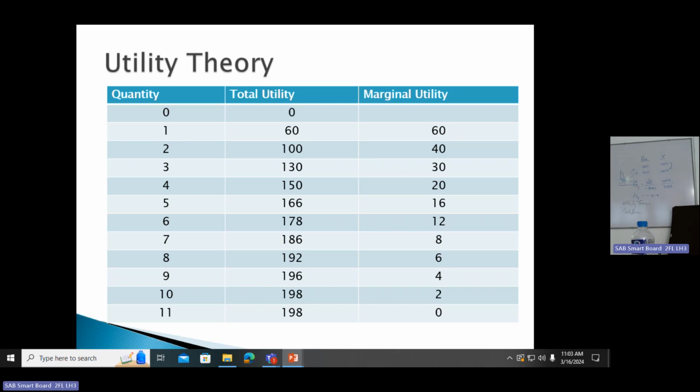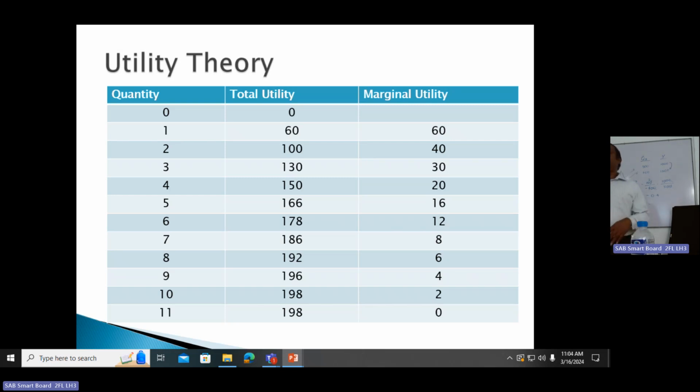If you assess thereafter, at 12 units or so, total utility also tends to decrease, not 197 but maybe 195 or something. Then marginal utility becomes negative. So there is a positive region and zero, and thereafter it becomes negative.